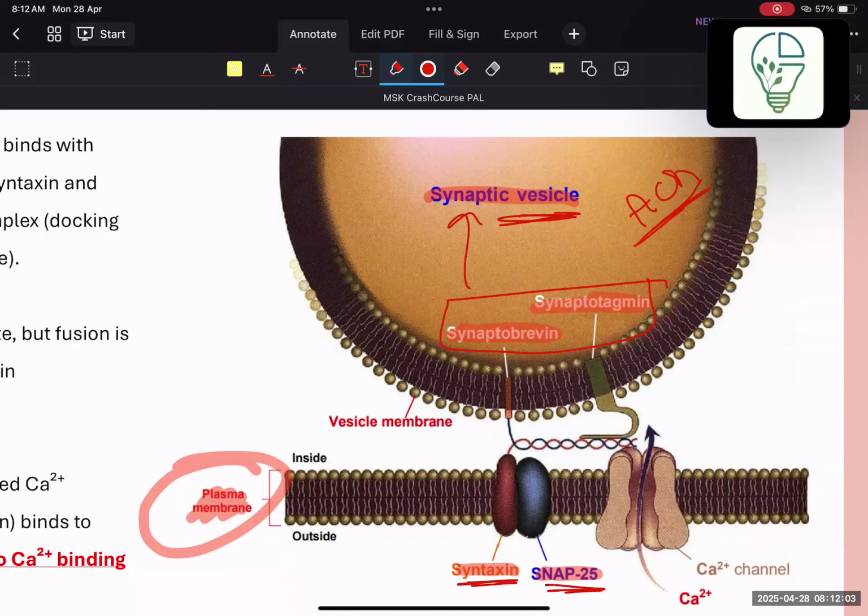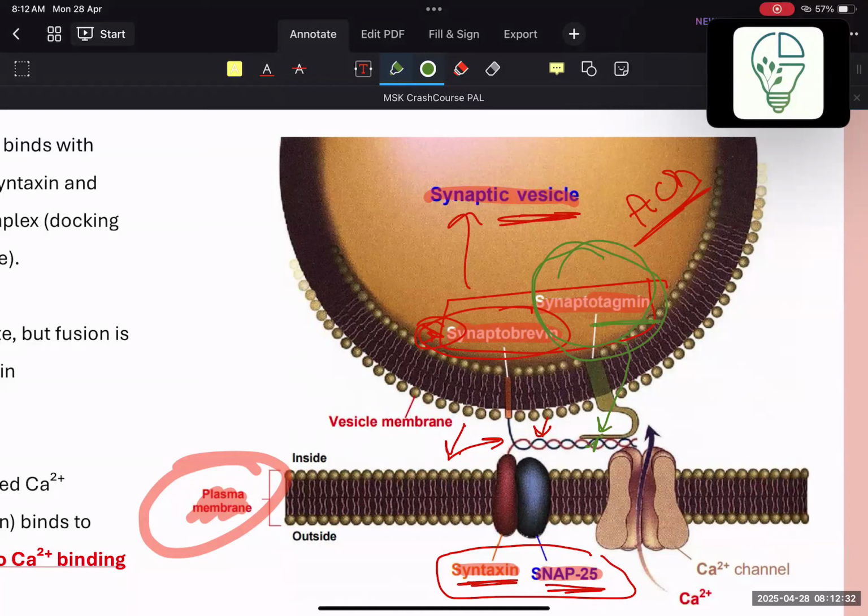So the synaptobrevin specifically will begin entangling itself, as you can see over here, with the syntaxin and SNAP25 complex. So it's basically trying to bring the vesicle closer to the plasma membrane. However, there is something stopping it from completely fusing with the membrane just yet. And of course, that's going to be your synaptotagmin. As you can see, your synaptotagmin over here is kind of holding it back. It's preventing it from fusing. Why?